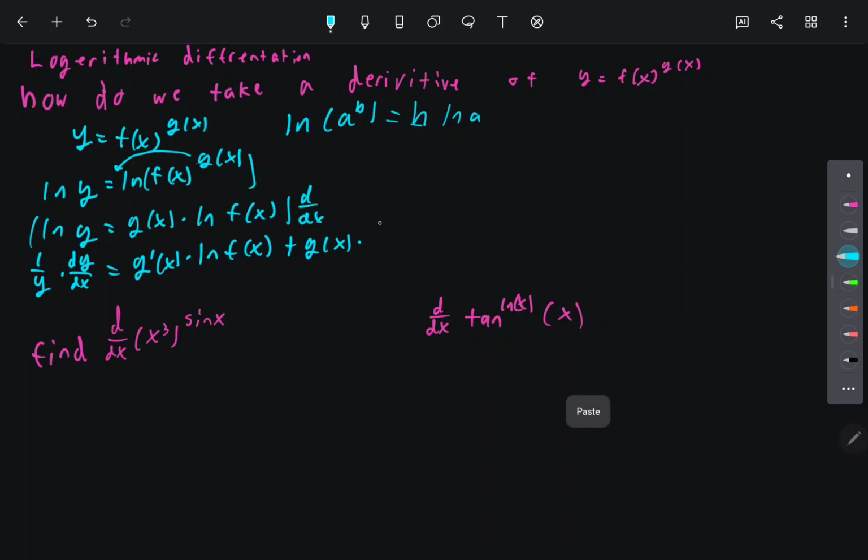In this case, you have to take the derivative of the outside first, which is going to be 1 over f of x, times by f prime, the derivative of the inside, which is f prime of x.